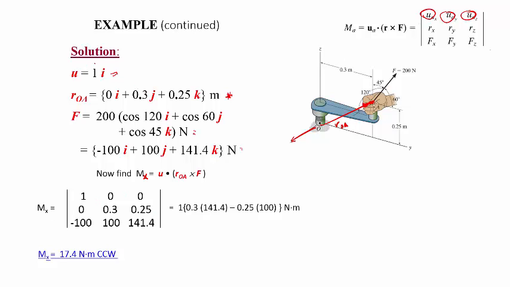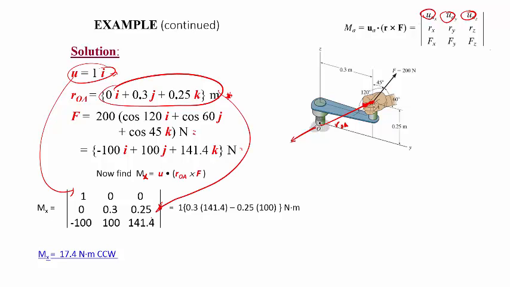So it was 1, 0, 0, and then the R, the position vector, is in the second line, and then of course the force vector. So this gives me the magnitude of the vector.